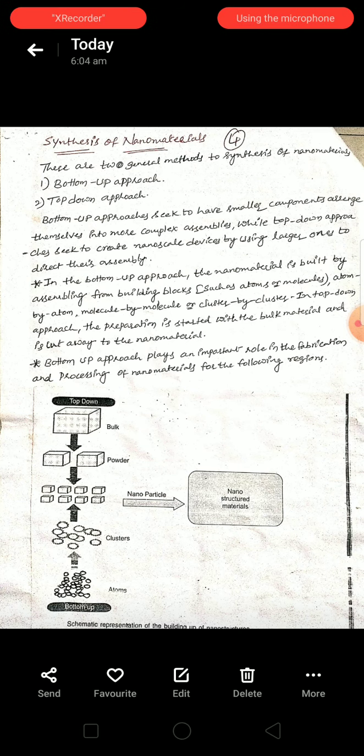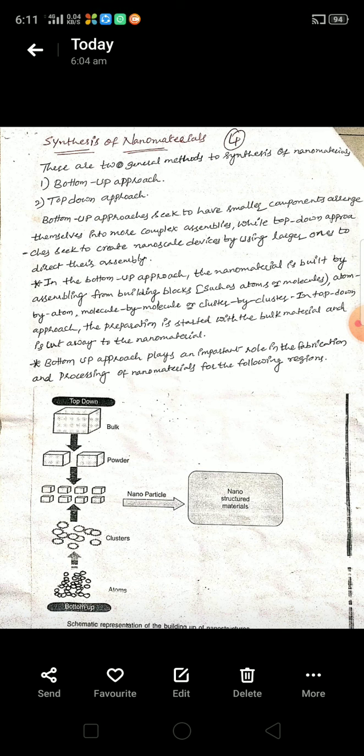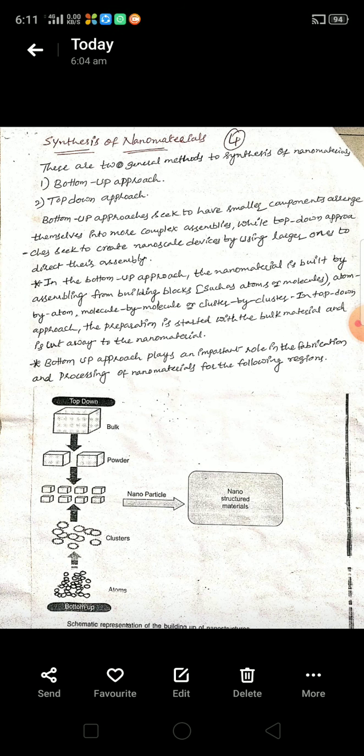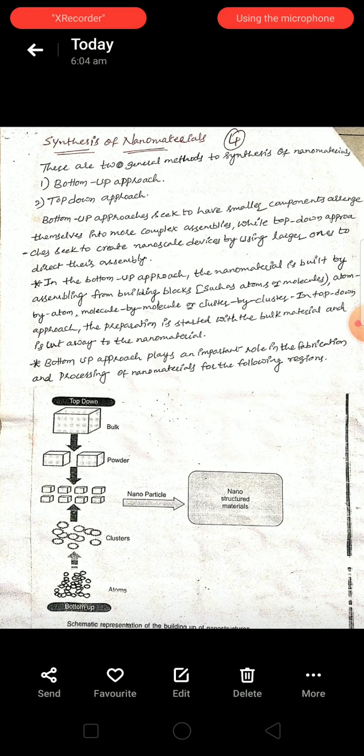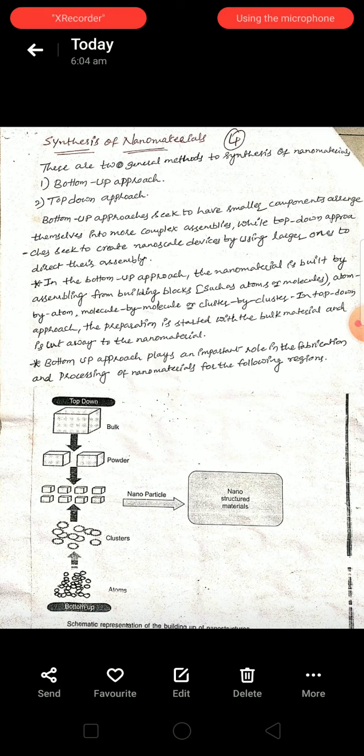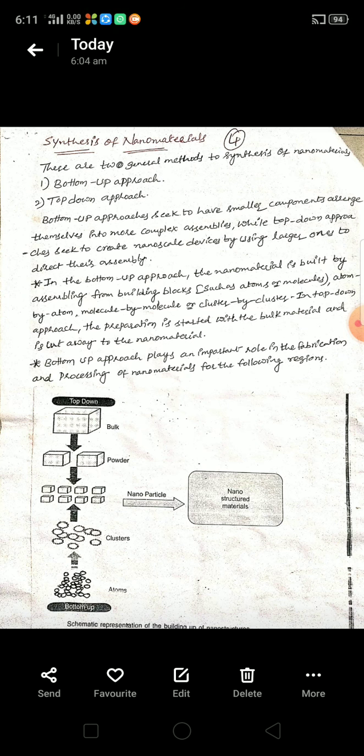In the bottom up approach, smaller components arrange themselves into complex assemblies. In this diagram you can see that from the bottom, smaller atoms or molecules are converted into a larger molecule, a larger nanomaterial.